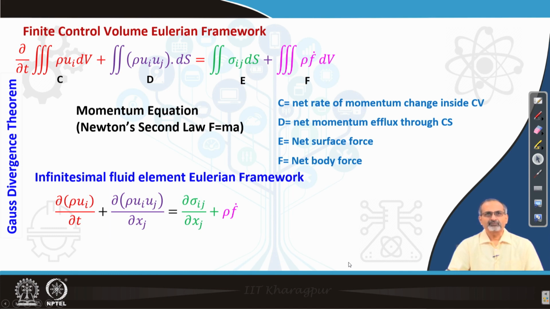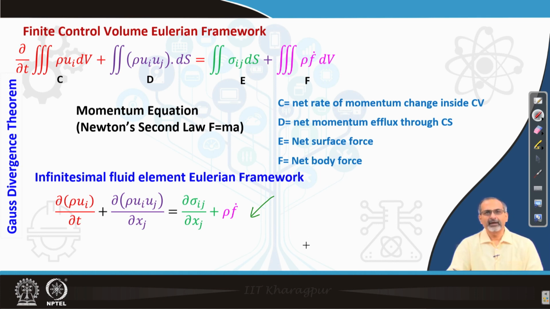And then if you were to write this for an infinitesimal fluid element in the Eulerian framework, it would of course change to a derivative form, and it would show up as we have indicated here below. You can see that there are time derivatives as well as spatial derivatives applying on the different effects that we are talking about.